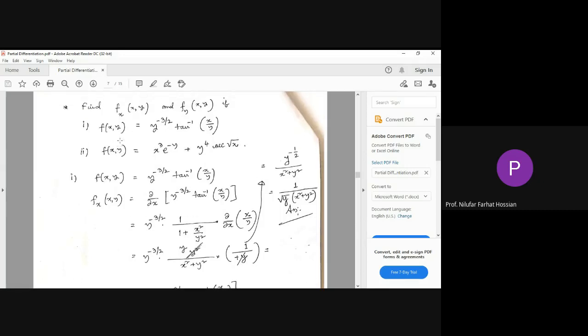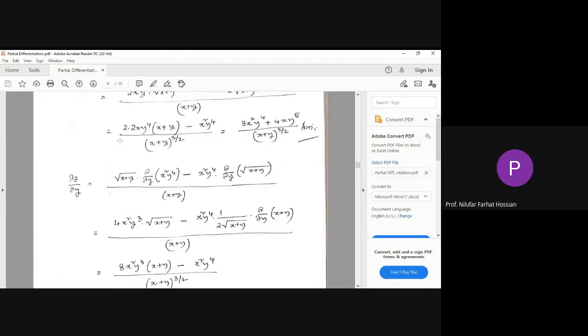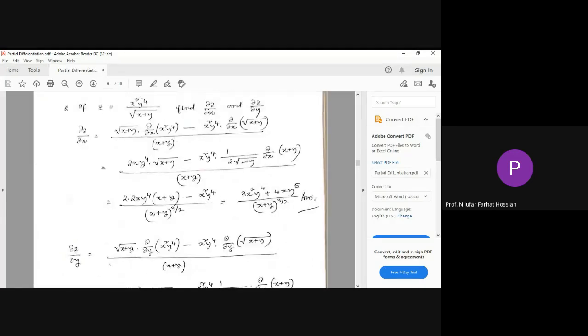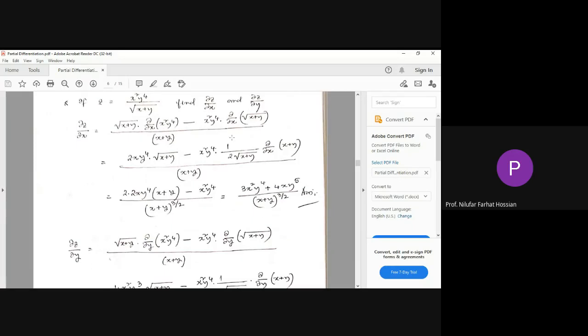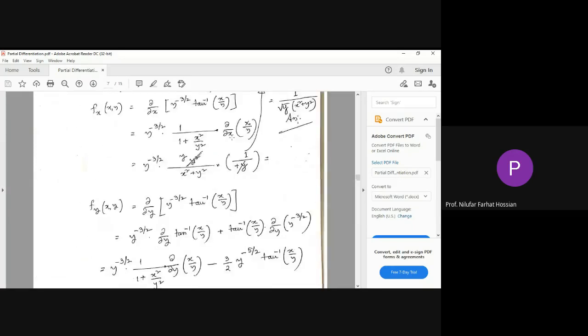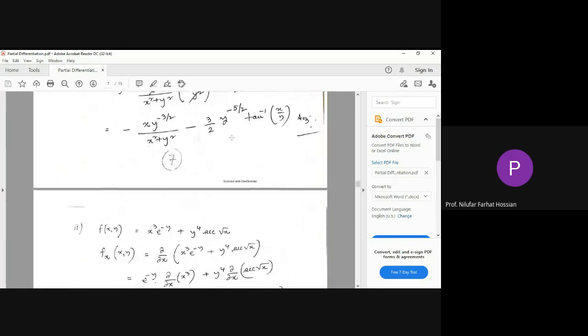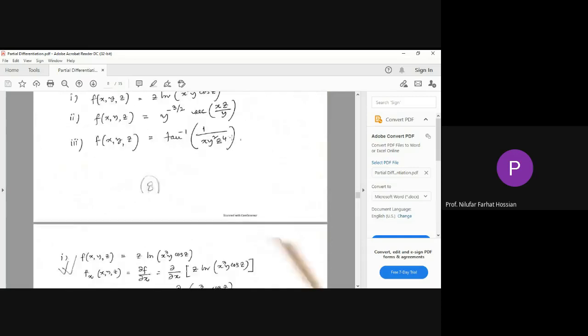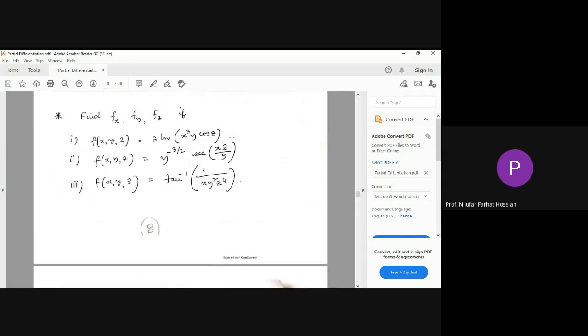But now there are functions with more than 2 variables: x, y, z. All of these 3 are independent variables. F of x, y, z, this function contains 3 variables, x, y, and z.